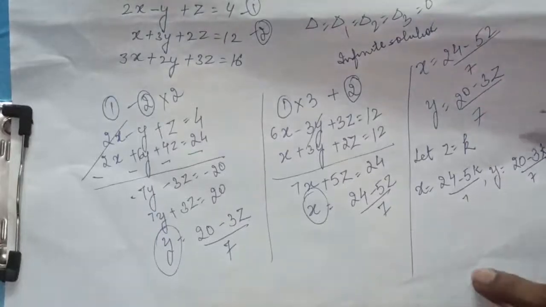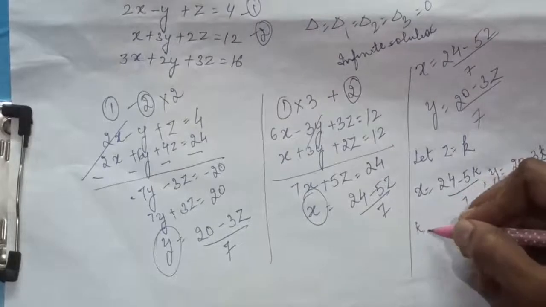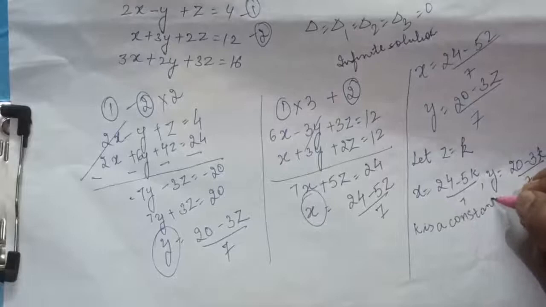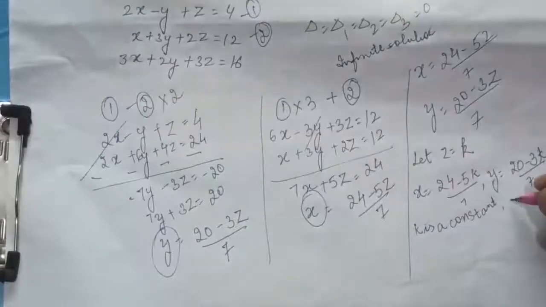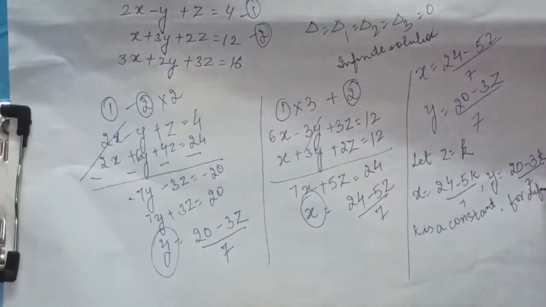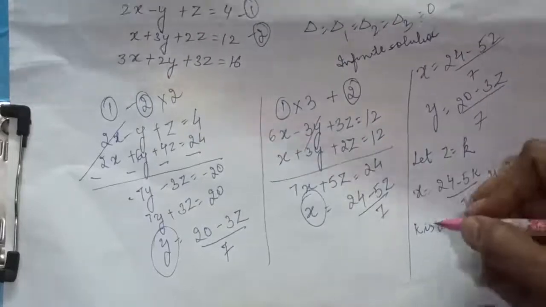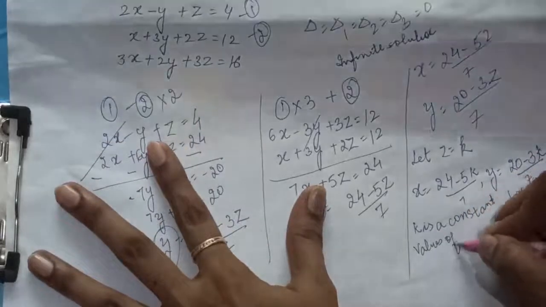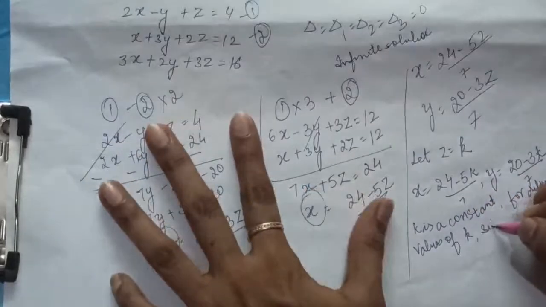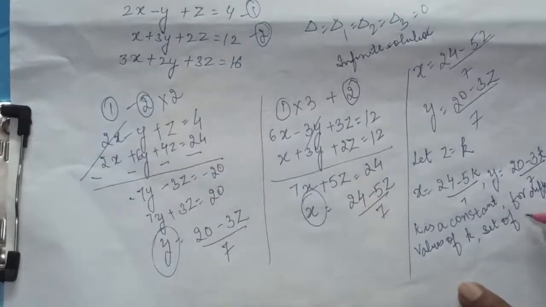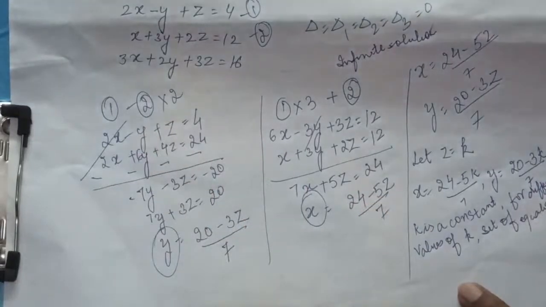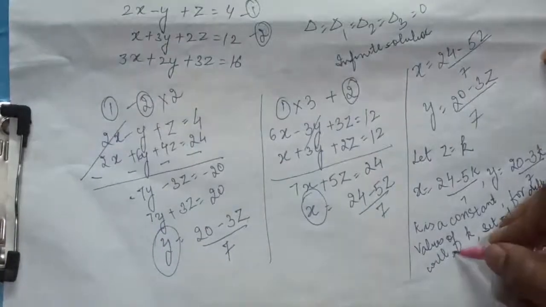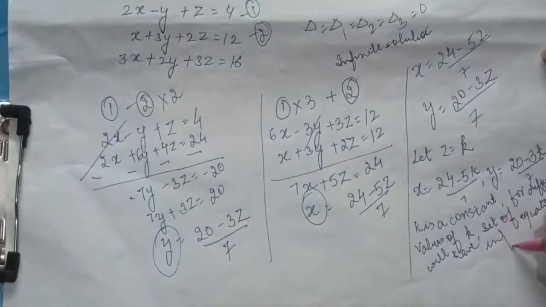In the last I will simply write one line: k is a constant, and for different values of k, the set of equations will have infinite solutions.